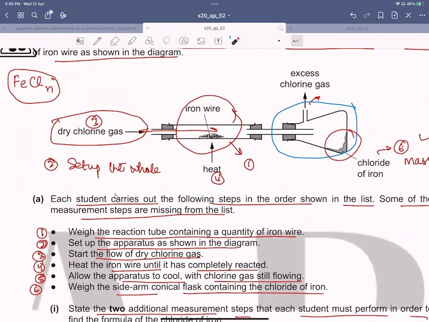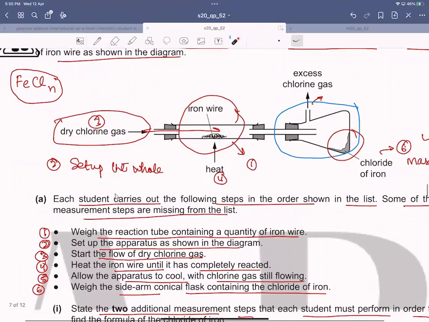There is a possibility that all of the iron chloride formed is not measured. Some of the iron chloride might escape, because this iron chloride is actually not forming here. It is forming here, and traveling over from here and getting deposited over here, right? So there is a possibility that some particles of iron chloride might pass out with the chlorine gas.